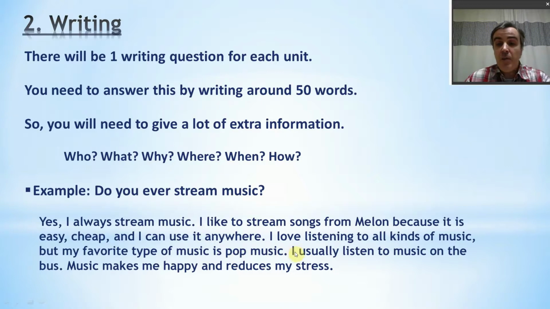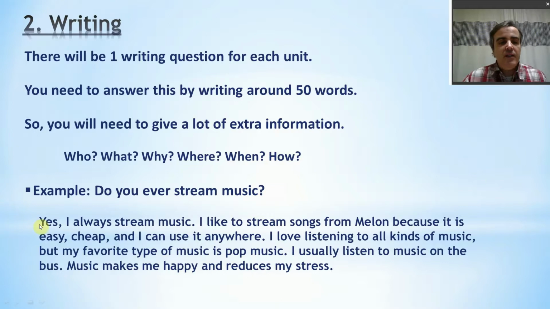I've then given some other information. I usually listen to music on the bus. Okay, where do I listen to music? And the last thing I've thought about was how does music make me feel? So music makes me happy and reduces my stress.